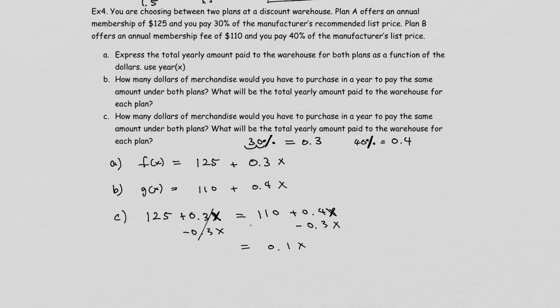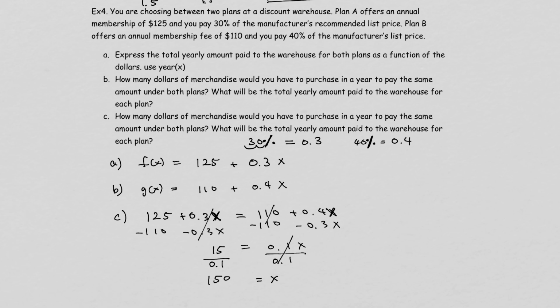That means I will subtract 110 from both sides, so I will have the number without the variable on the left side. That will be 15. And when we divide this by 0.1 to isolate x, we will get around 150.